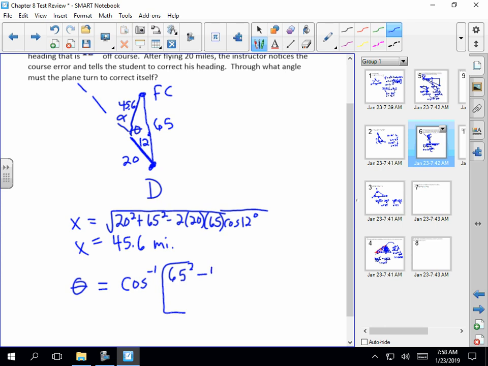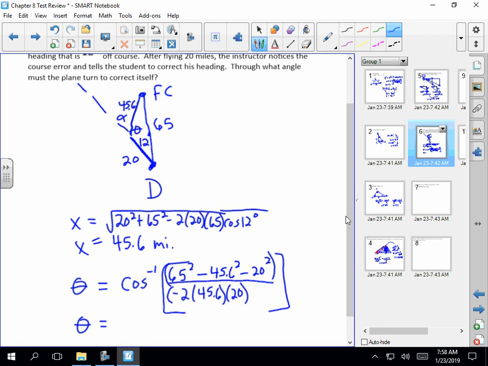So we got the 45.6 squared minus the 20 squared. This is just the law of cosines solved for theta. Remember to put parentheses around the top of that, divided by, put parentheses around the bottom as you're typing into your calculator, negative 2 times 45.6 times 20. And you'll get your value for theta. So plug that in carefully to the calculator.